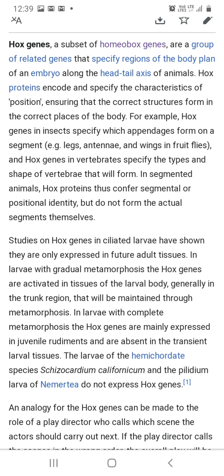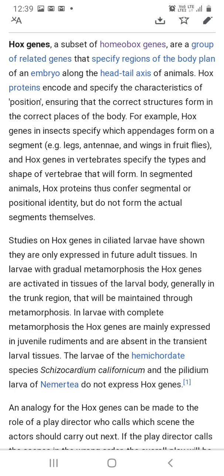So the Hox genes, as I have already talked about, contain 8 genes, and these genes ensure that the correct structure forms in the correct place.